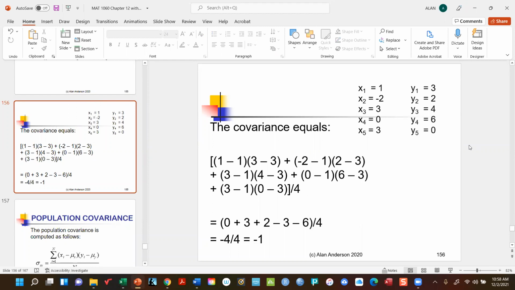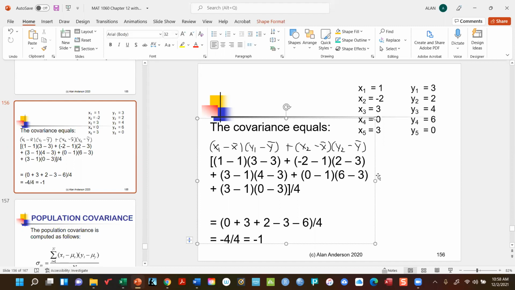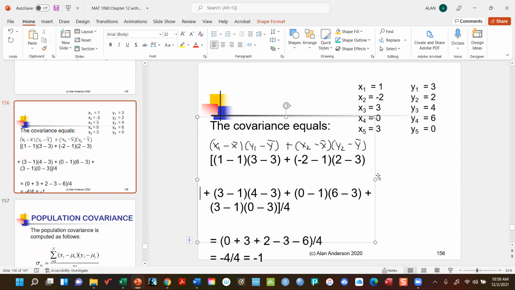So what this catastrophe is saying to me is that this is x1 minus x bar. This is y1 minus y bar. Here we have x2 minus x bar and y2 minus y bar. And then we go on and on and on. So in fact, let me see if I can squeeze in some more room here. So you can see this must be x3 minus x bar, y3 minus y bar.